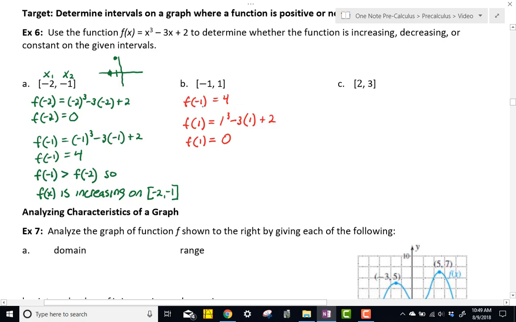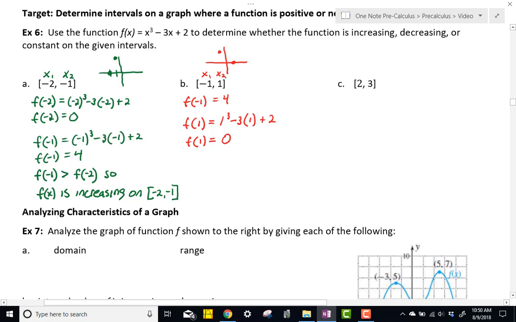So if f of -1 is 4, just looking at it graphically, you can even plot these if it helps. F of -1 is 4 up here, and f of 1 is 0 here, so I'm obviously decreasing. But here's how I'm going to say it. This is my x1, this is my x2. The question is whether f of x1 is smaller or bigger than f of x2.